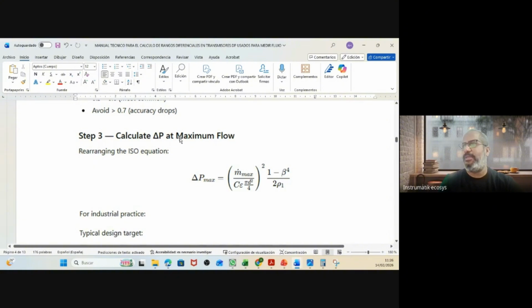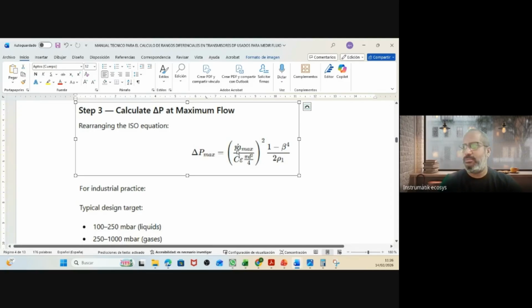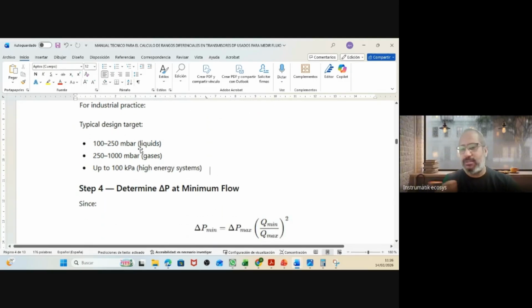Then you calculate the maximum DP for maximum flow, and this is the formula you have to use. For industrial practice, typical design targets are at this 100, and this one for liquid.